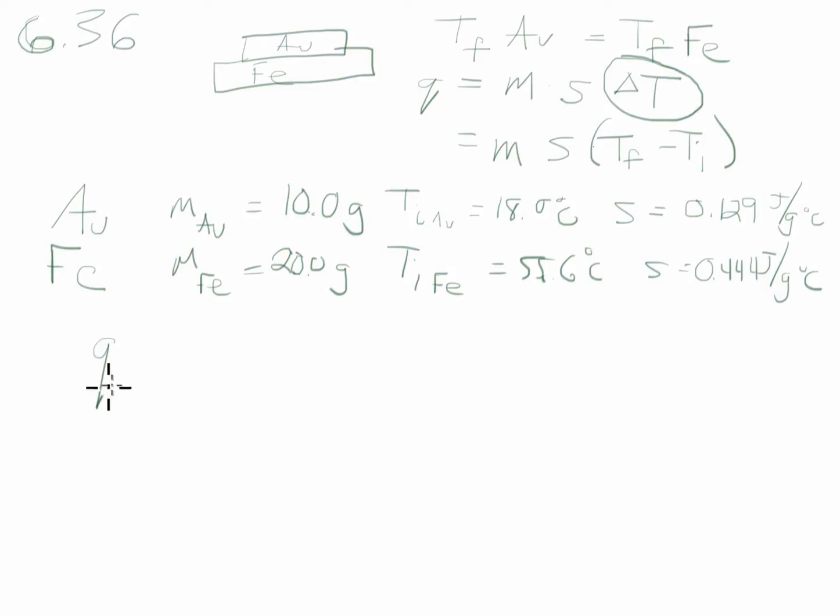The heat gained by the gold equals the mass times the specific heat times the change in temperature. I'm going to start over so I have enough room.